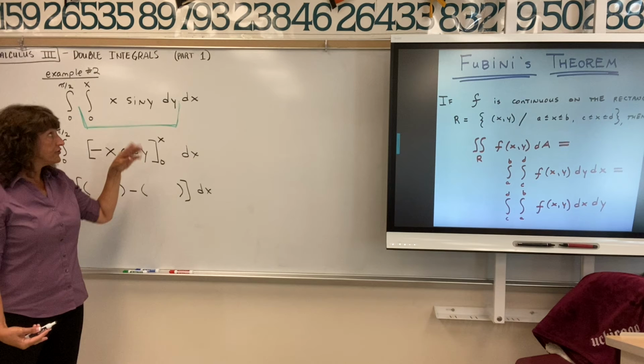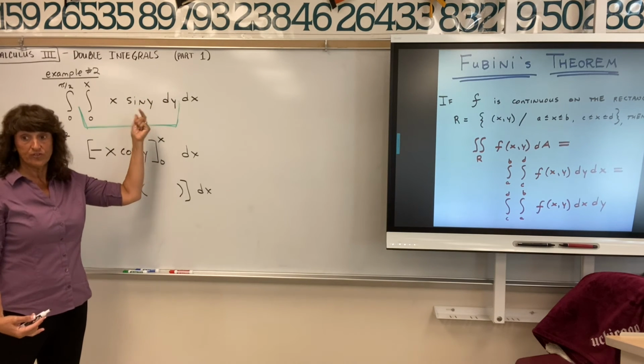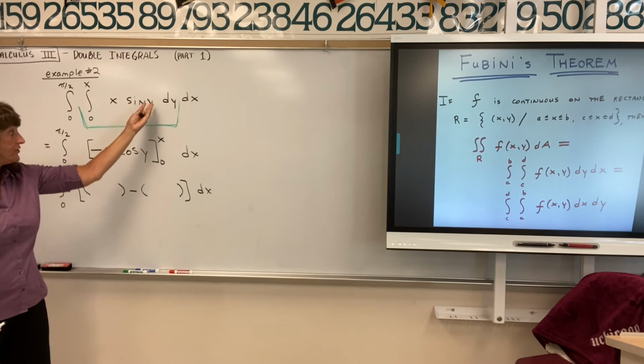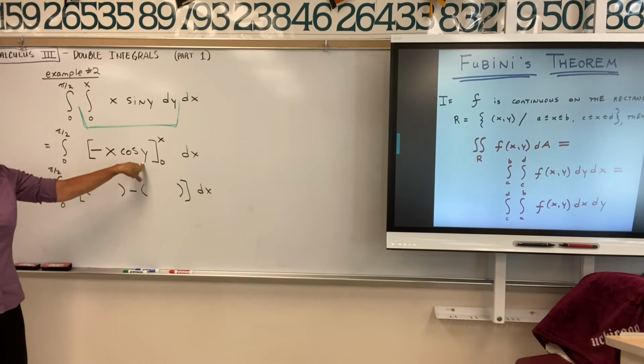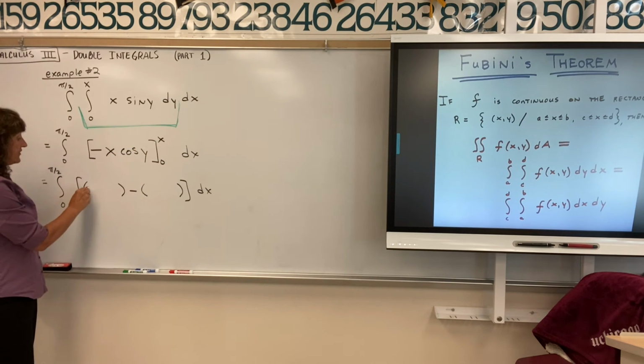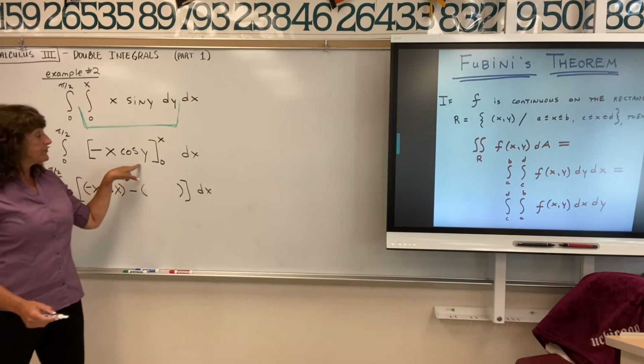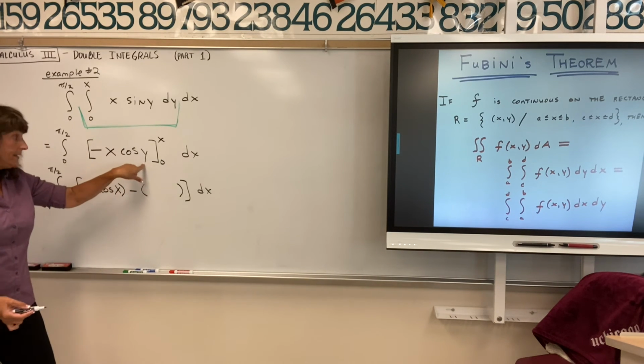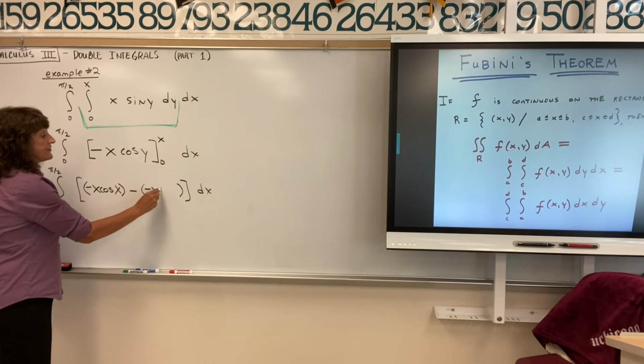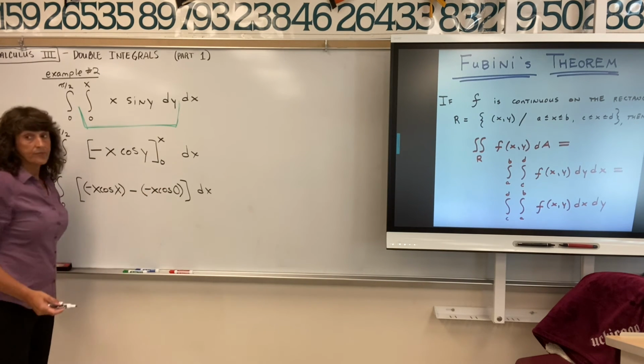Y is the variable, so we're going to make our substitutions for the variable that we integrated with respect to. So we're going to substitute x in for the y, so you have negative x cosine x, okay? Now substitute 0 in for y, okay? You have negative x cosine of 0, all right?